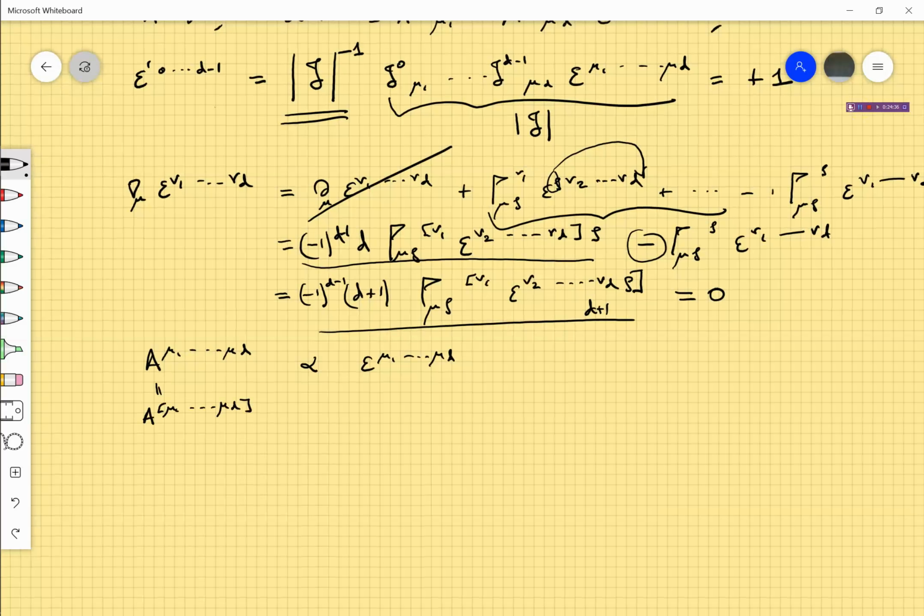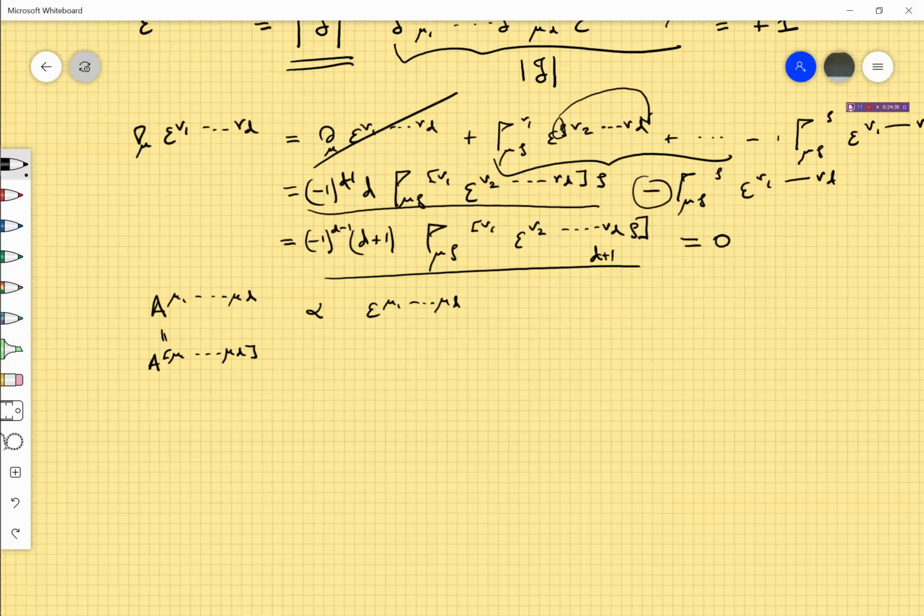So assuming that this is completely antisymmetric means that the only component which is different from 0 and independent is this one. Okay, so 1, 2, and so on, because there are two repeated indices, blah blah blah, just like epsilon. This means that I only need to determine one component. The rest of the components are either 0 because there are repeated indices, or they have the same value up to a sign that depends on the permutation of the indices that I need to do to reach that particular order.